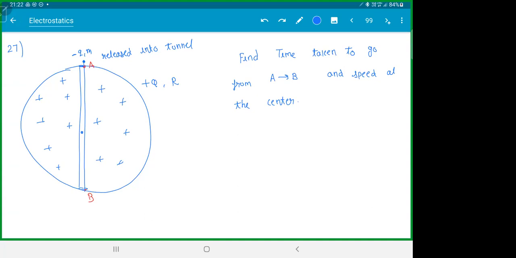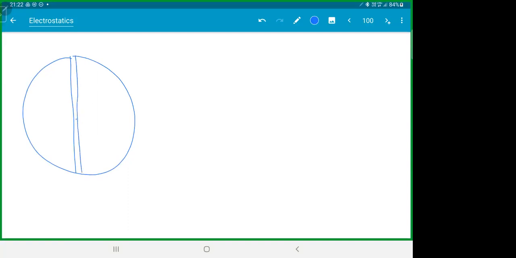See. What is the field inside the solid sphere? Let's say the charge q is somewhere here at a distance x. If you look at the force, what will be the force? The force on this will be charge q into field.